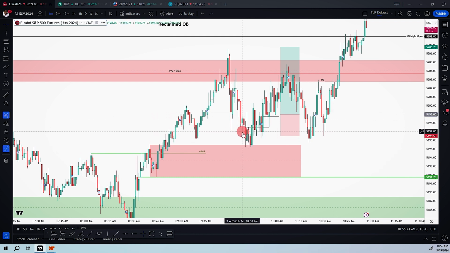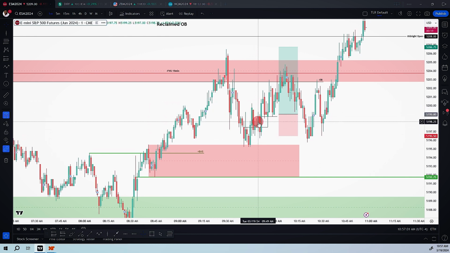So you understand this as a hedge to go long for smart money, right? So once we trade back up past it, now we're looking for opportunity to buy off of it. We trade up, we come back down here, and we trade into this order block, just regular order block.